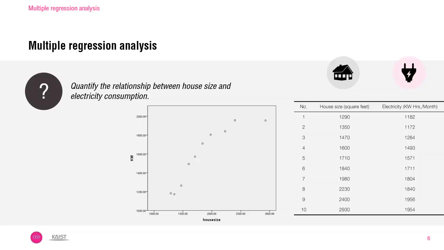The implication is that when the house size reaches 2,500 square feet, they start to consume even less energy. Why is it so? Well, I never lived in such a big house so far, so actually I have no idea. But in fact, such a strange thing occurred due to this house, house number 10.